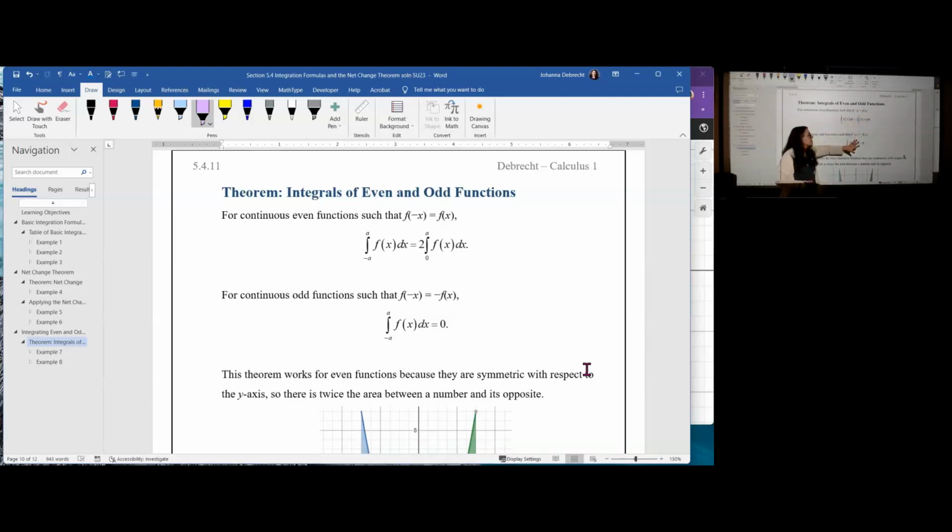What you can do then is, instead of integrating from -2 to 2, you can integrate from 0 to 2, half of it, and double the area. Because it's a symmetric interval, it will give you the same value. If you have an odd symmetric function where you replace the variable with -x and you get the opposite of the original function, then integrating from -a to a gives you 0 net area.